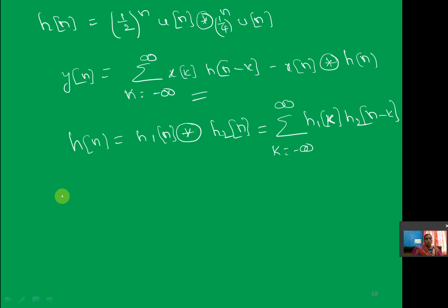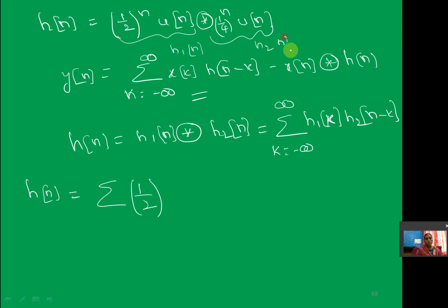So now h of n is equal to summation, h1 of k is (1/2)^k u of k. What is h2 of n minus k? (1/4)^(n minus k) u of n minus k, right. So here k is from minus infinity to infinity.